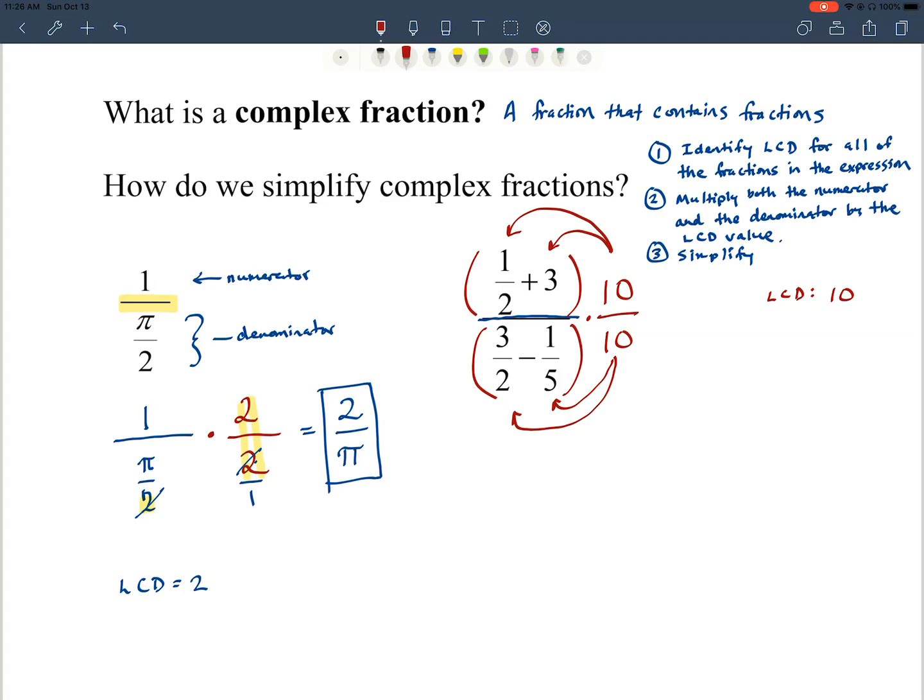So 10 times 1/2 should give us 5, and then plus 10 times 3 would be 30, over 10 times 3/2 should give us 15, and then 10 times 1/5 should give us 2. So when we add them together here in the numerator, we're going to get 35, and then the denominator we get 13. And that would be our simplified fraction there.